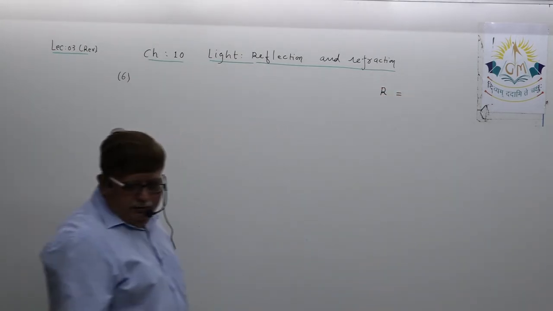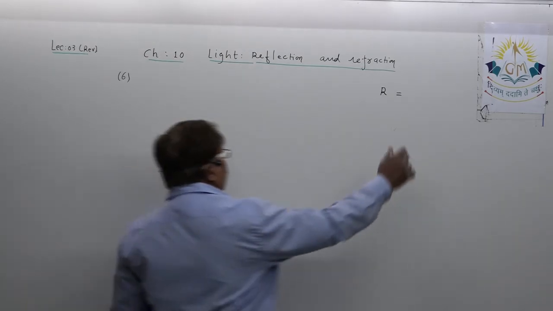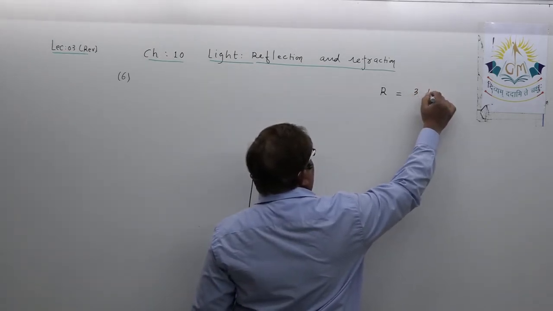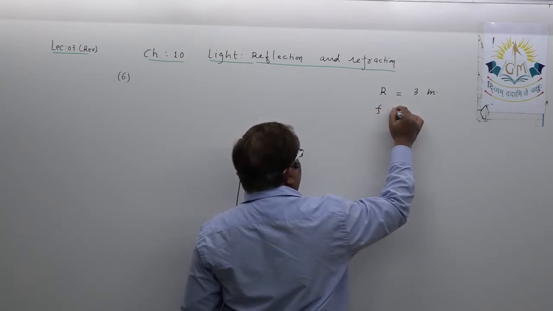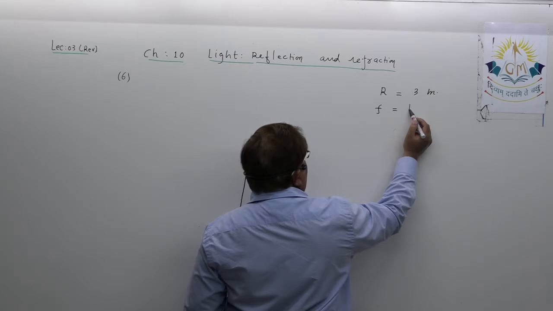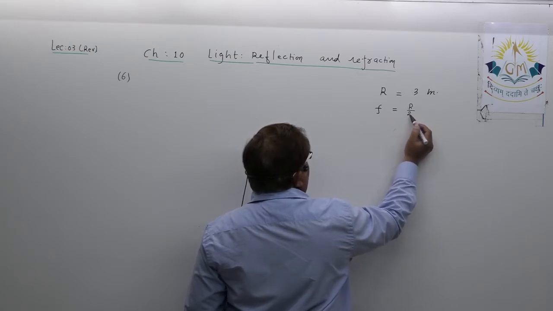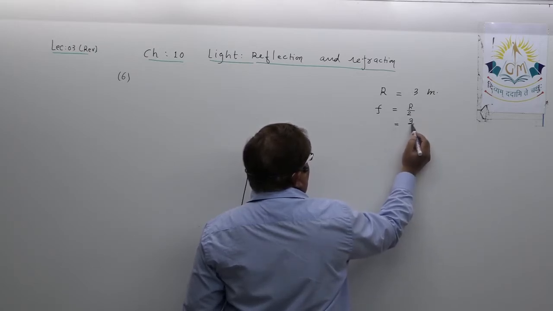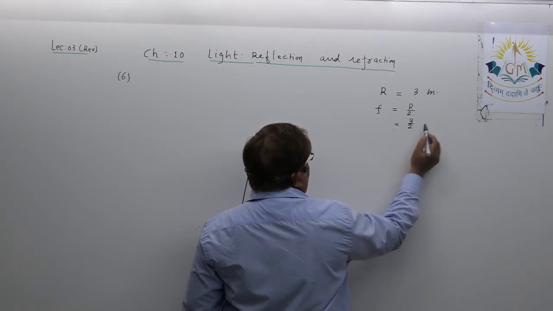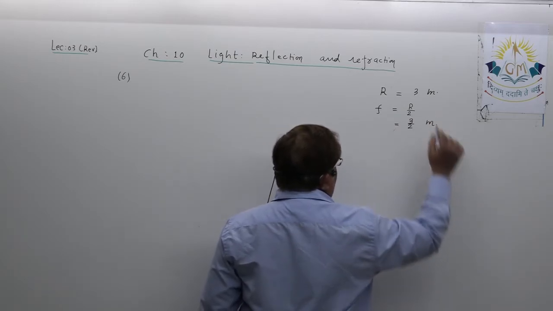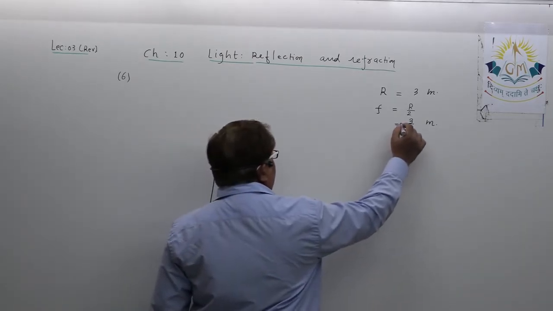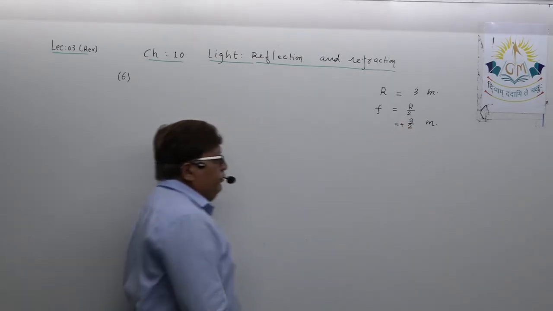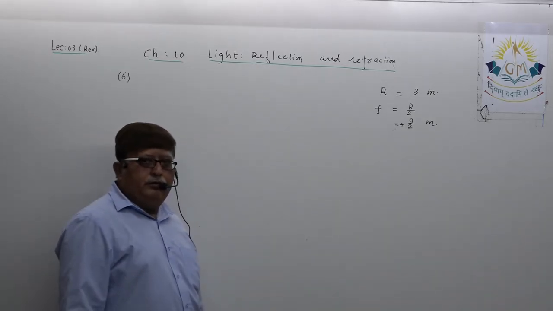What is the radius of curvature given? 3 meter. And dear student, you all know that focal length is half of the radius of curvature. So 3 upon 2 meter. And focal length is obviously positive because we are talking about a convex mirror.